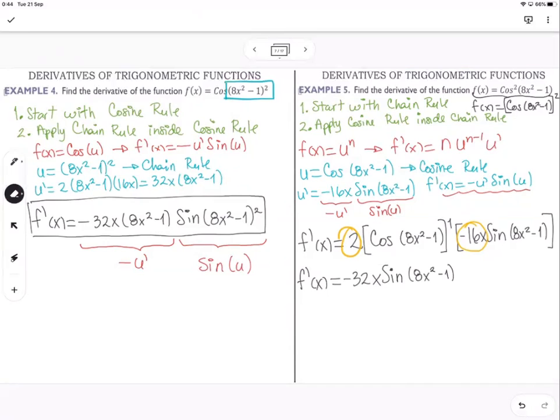Okay, minus 32x sine of 8x squared minus 1 times cosine of 8x squared minus 1. Okay, there is nothing else we can do. Remember, do not isolate the angle from the trigonometric function and try to do operations with it. That's it. There is nothing else we can do.